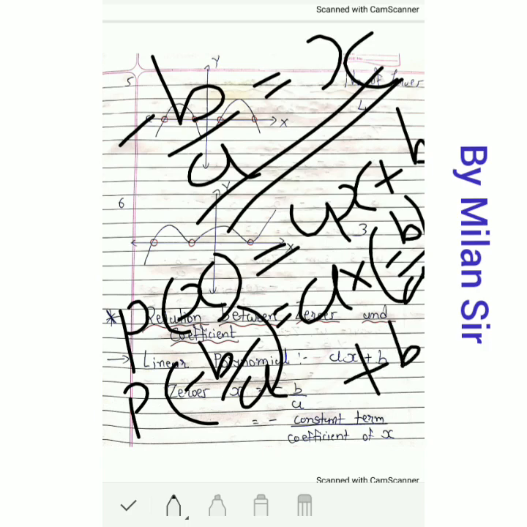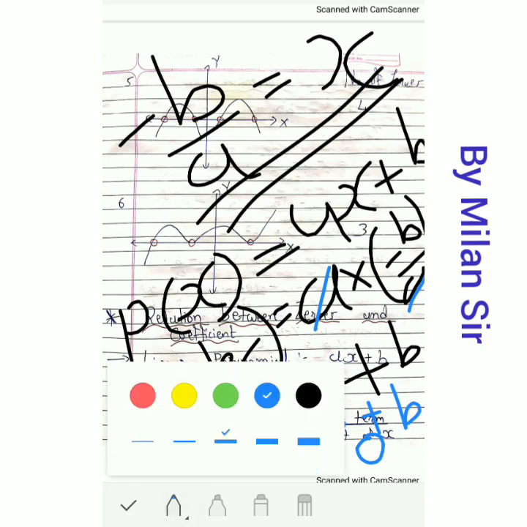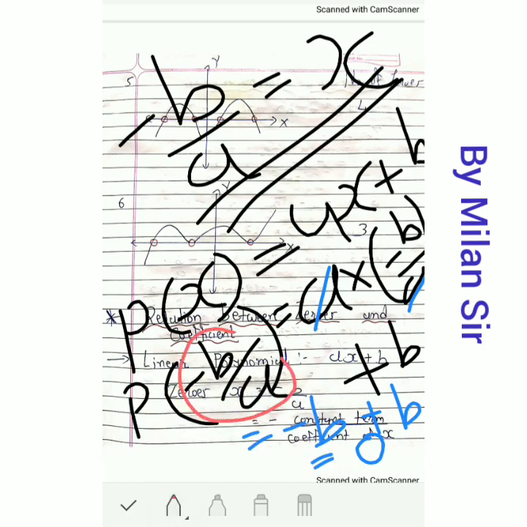The a cuts, then the remaining thing is minus b plus b, which is 0. It means that for this value, that means minus b by a, your p of x becomes 0. That's why it is called the zero of the polynomial.